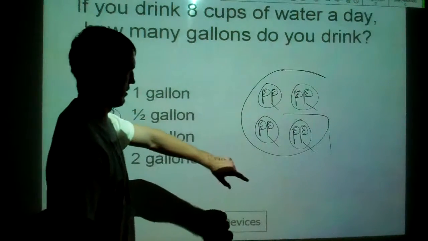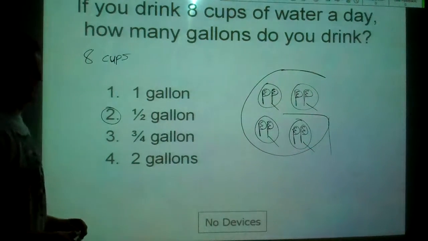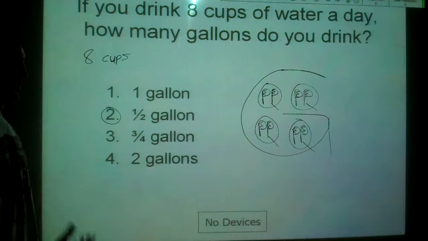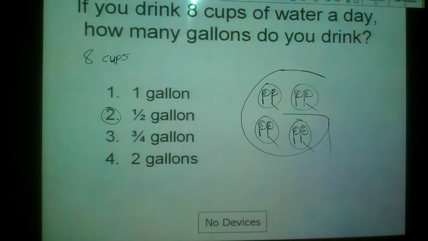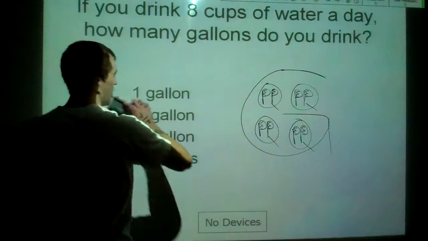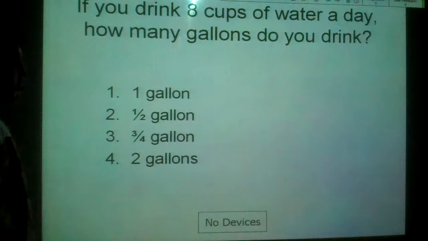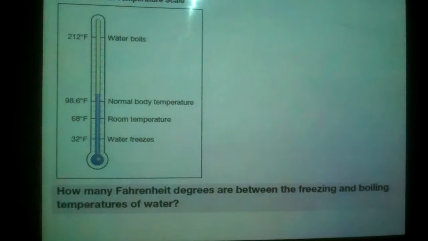So if we double that, we have another quarter, which would get us half the way. So I would say the best thing to do is use the diagram. The table is helpful too, but I think this makes things a lot more clear. So, yep, we'll stick with that. Yep, half a gallon there.